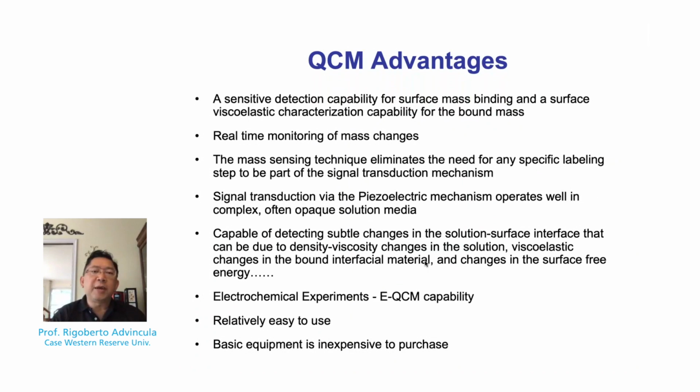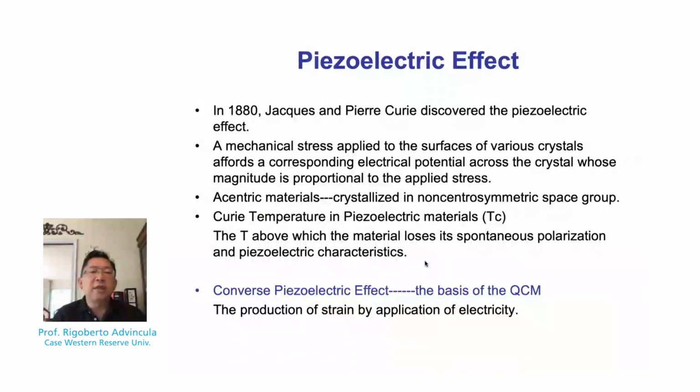of surface phenomena. So as I said, it refers to the piezoelectric effect, the mechanical stress applied to the surface of various crystals, relating the mechanical properties along with the applied stresses.